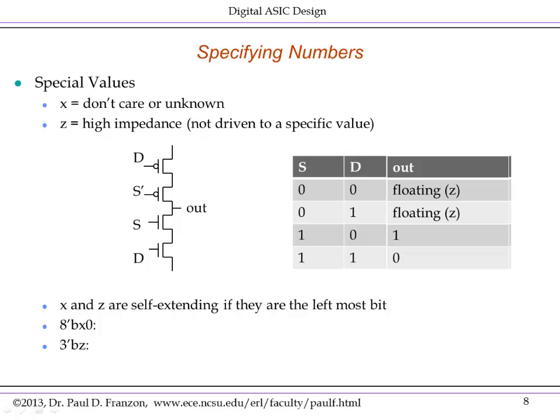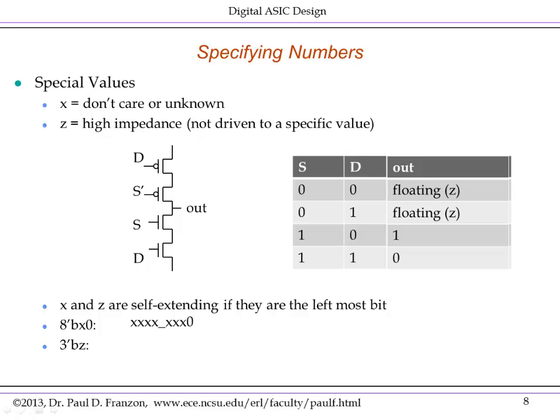The bottom here are the rules about extension. If you underspecify the values here, if X or Z are the leftmost bit in what's specified, then they're self-extending. So for example, 8'bx0 was bx0, but we need the other 6 bits. Since the highest specified bit is X, it's X extended.